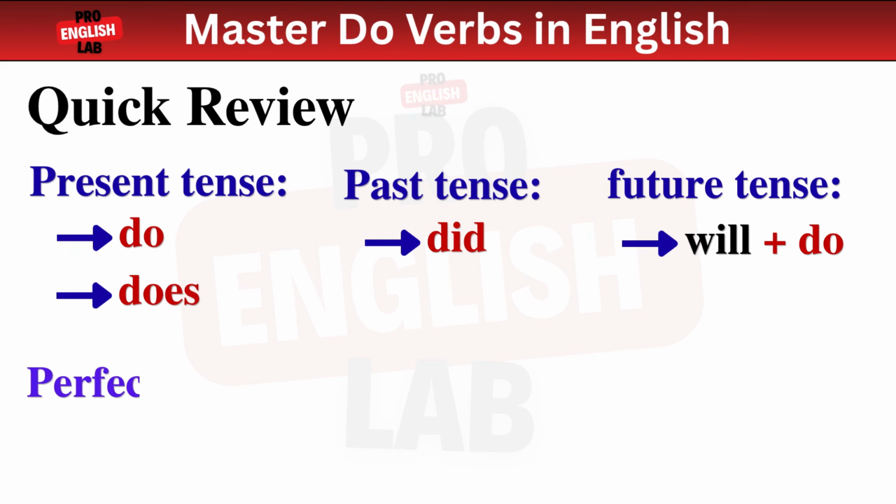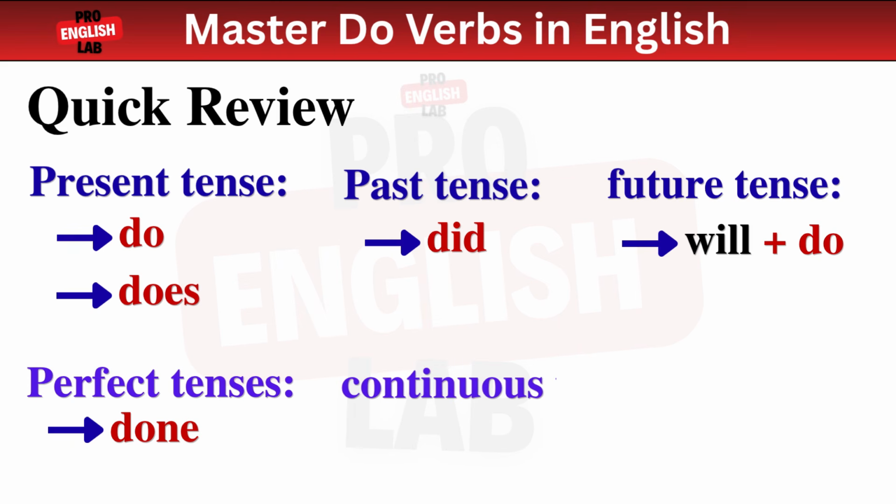For perfect tenses, we use done as the past participle form of do. And for continuous forms, we use doing as the present participle form of do. Now you know how to use the different forms of the verb do in English.